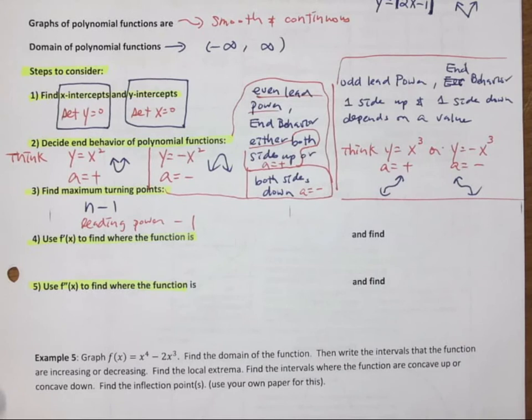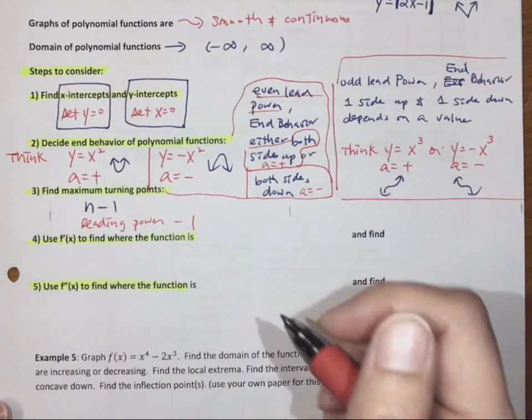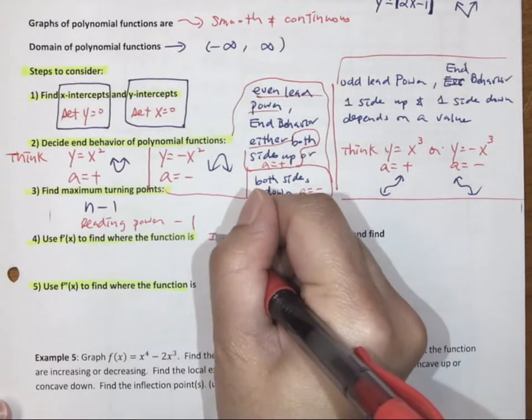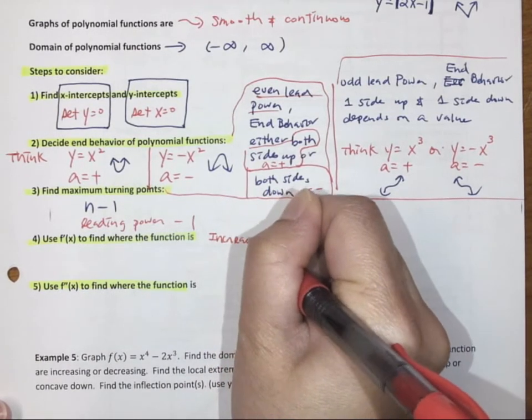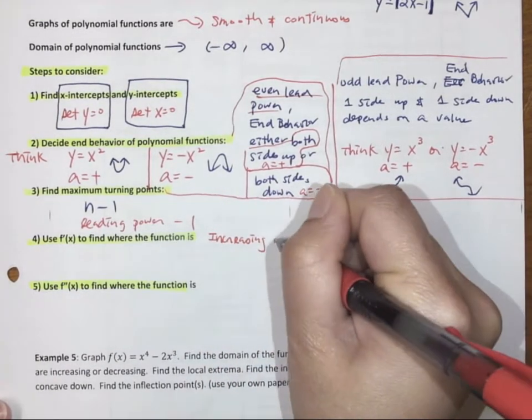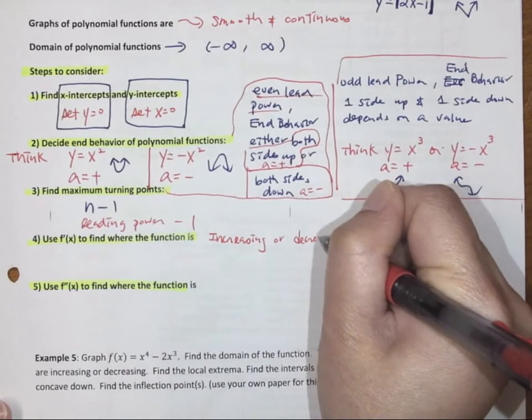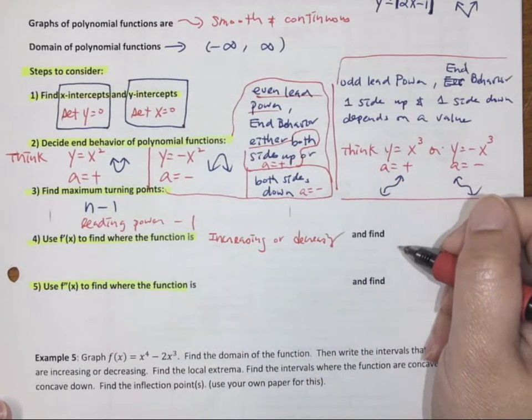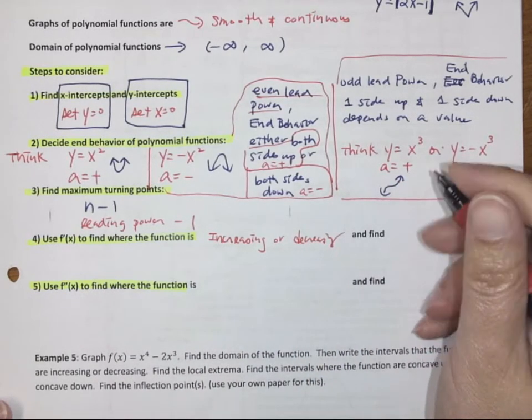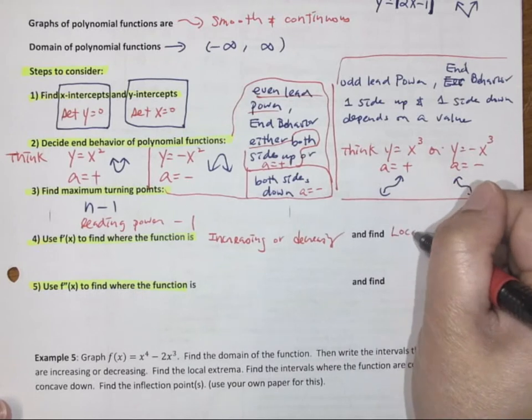All right, so the next part is where the first derivative helps you decide where the function is increasing or decreasing. And then using those, you will be able to find the local extrema.